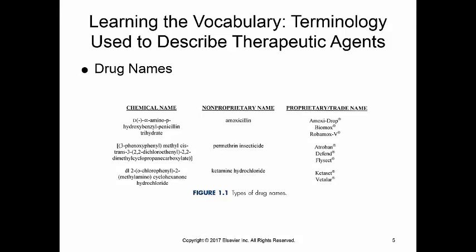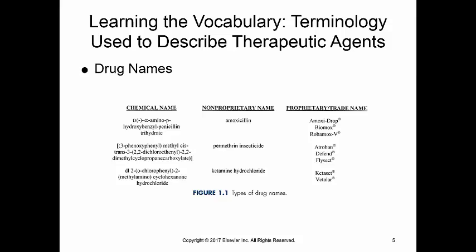So the very first one over here is a D-alpha-amino-p-hydroxybenzyl penicillin trihydrate, also known as amoxicillin.